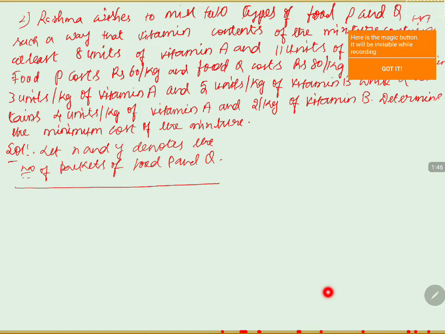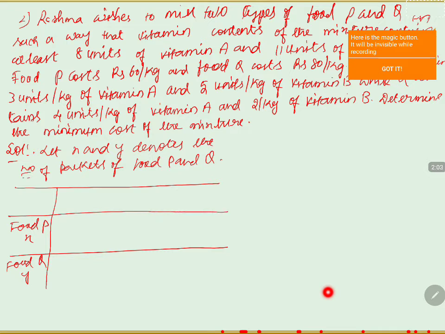So this table contains two types of foods. One is food P, that is x units, while the second one is food Q, which contains y. Here we will take vitamin A. It contains 3 units and here 4 units according to the problem.